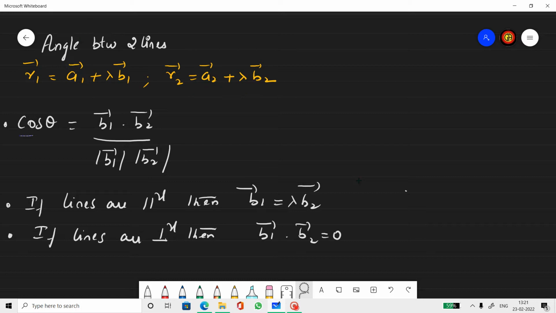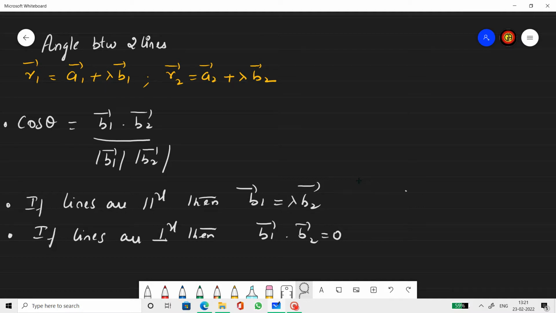Now, in order to find the angle between two lines, we use the same angle formula that we did in vector algebra: dot product of the direction vectors by the magnitudes of the vectors. The direction vectors are B1 and B2 here. So don't take A1, A2 because those are the position vectors of the points.